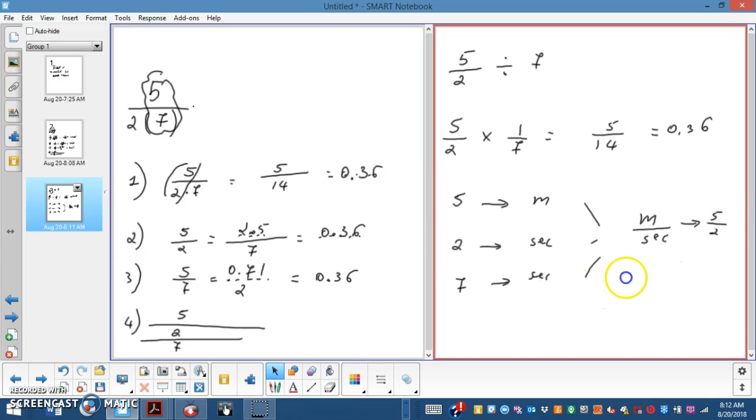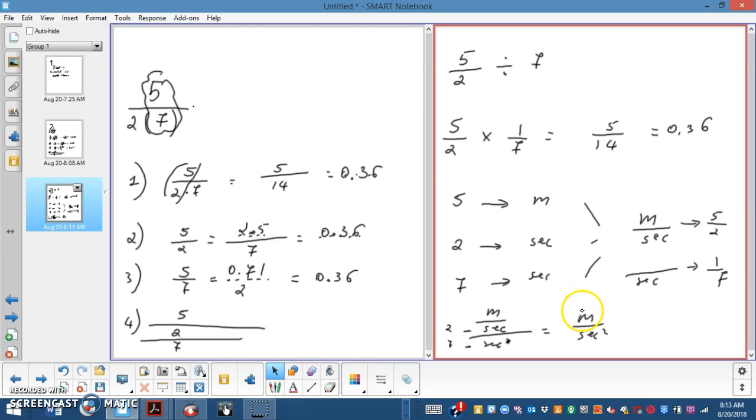And then you're dividing by second, which in this case is 1 divided by 7. So meters per second divided by second will give you meters per second squared, because you're multiplying the second with the second, just like you did the 2 and the 7. And you had the 14 there.